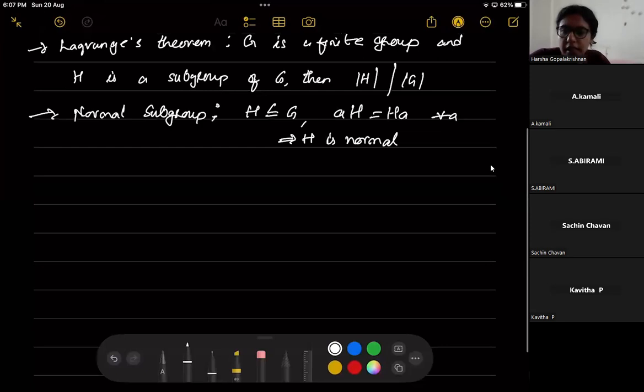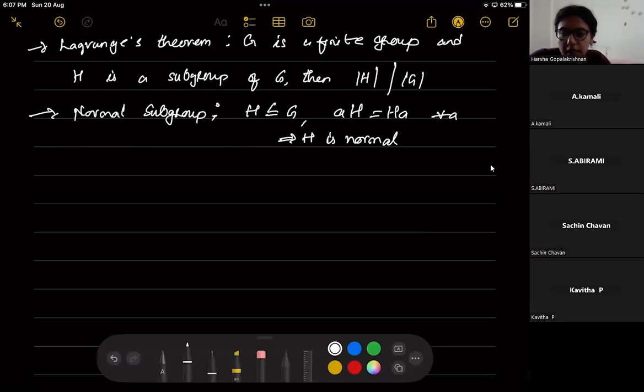And some theorems related to that are on how to test the normality. We have gone through some theorems and their proofs. Using that test, in today's class we will check whether a subgroup is normal or not. We will use the theorems in the problems. And then I think we have covered homomorphism.